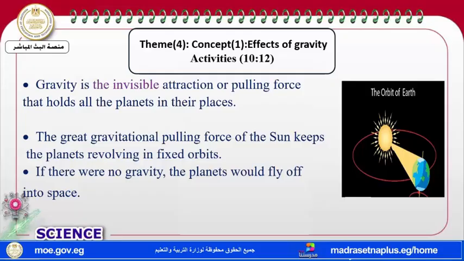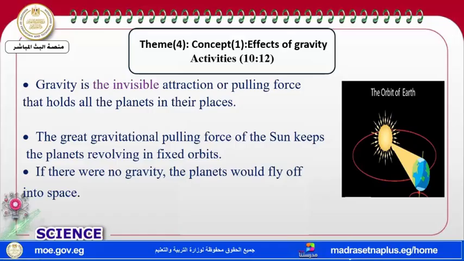So the question in the last slide asked why each planet is found in its place. My answer will be: due to gravity, which is an invisible attraction or pulling force that holds all planets in their place.